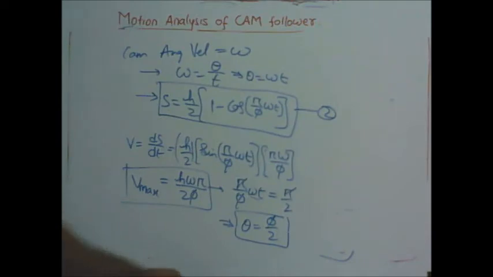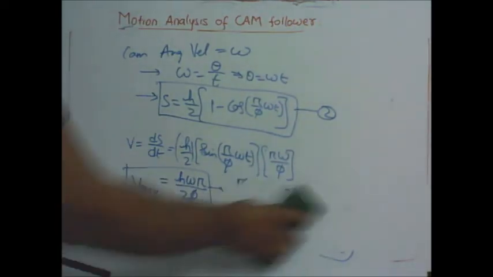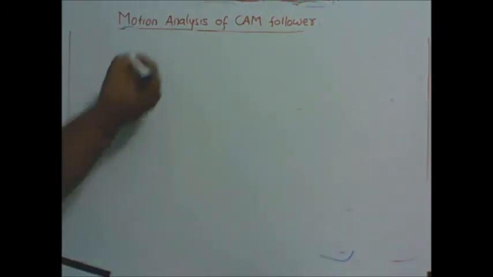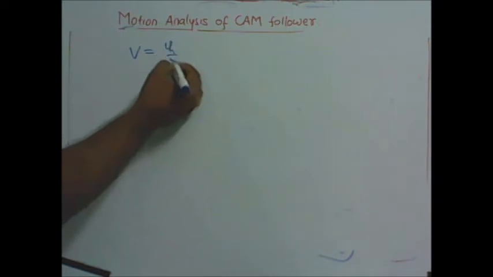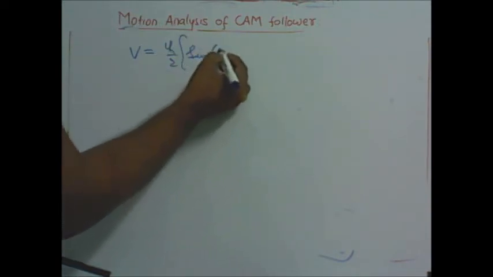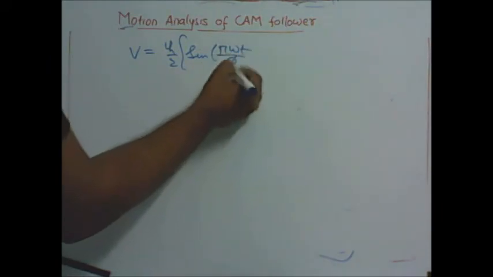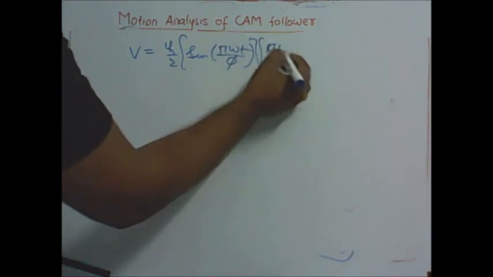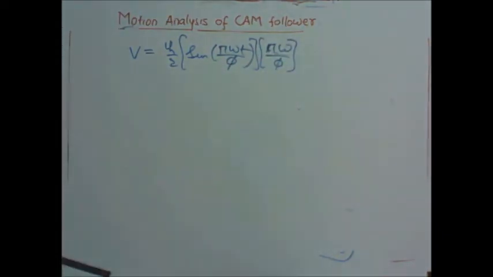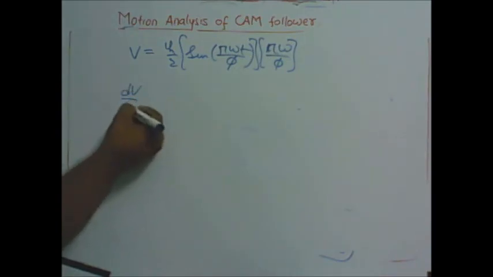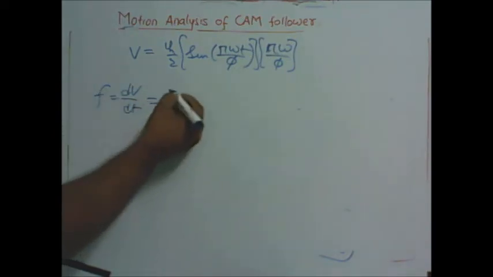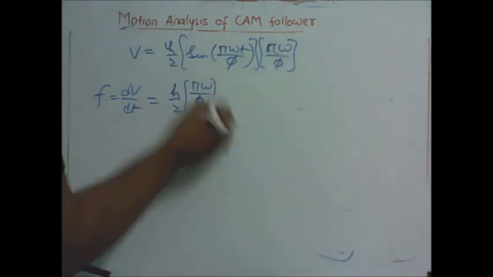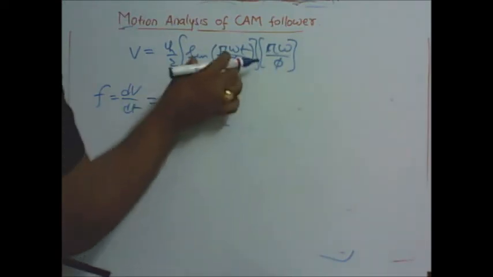Now further differentiating it for acceleration, we got the velocity equation v equal to h by 2 into sine of pi omega t divided by phi into pi omega by phi. Right. Now dv by dt will give us the acceleration f, which will be given by h by 2 into pi omega by phi. This was the constant part. Now this is the variable part.